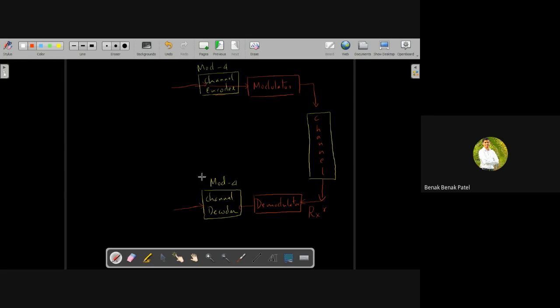So right now we are, well, this should be in the other direction. Right now what we'll do is we'll consider this channel encoder, and to this channel encoder we'll think of some input message.